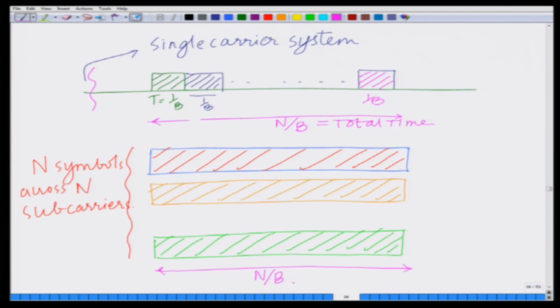So, here we have a comparison between a single carrier and this is my MCM system or multi-carrier. This is a pictorial comparison between a single carrier and a multi-carrier system. In a single carrier system, we have a bandwidth of B, the symbol time is 1 over B, therefore, each symbol is 1 over B. So, in time N over B, we are transmitting N symbols, correct.